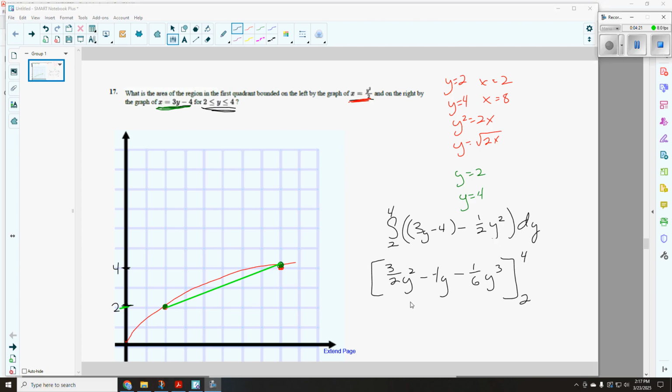At y equals 4, this is going to be 16. I divide that by 2, it's 8 times 3. So this is 24. Minus, and again, 4 times 4 is 16. And then minus, 4 cubed is 64. So this is 64/6.